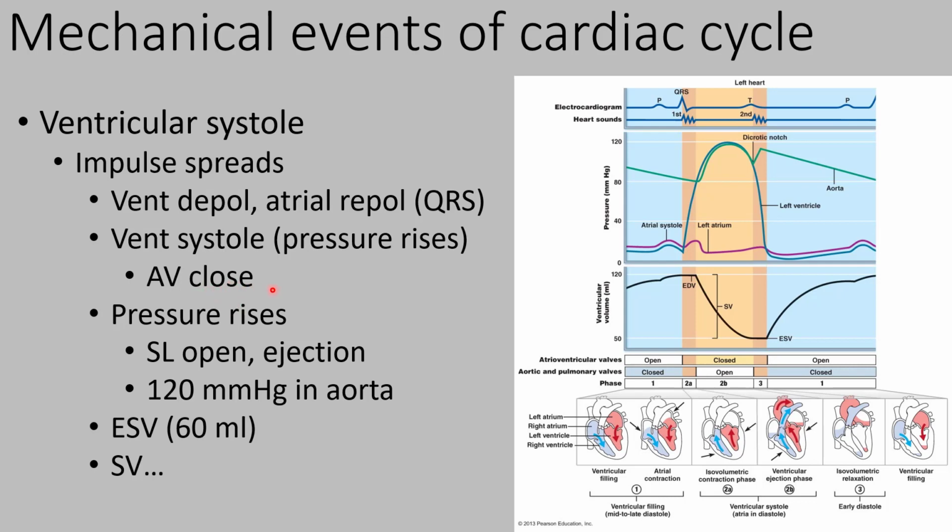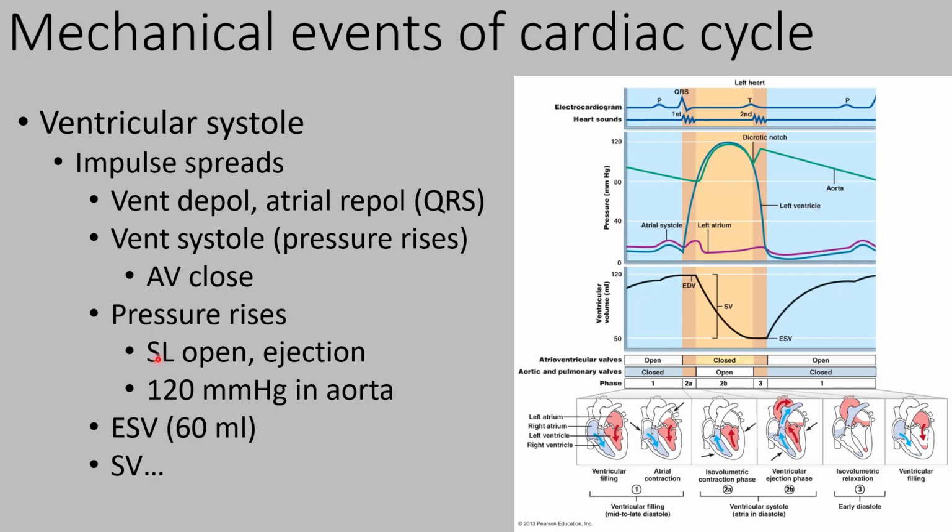Meanwhile, remember, we're thinking in slow motion. The ventricles are still squeezing, and the pressure is continuing to rise inside the ventricles. Now, the moment that the pressure in the right ventricle is greater than the pressure in the pulmonary trunk, the pulmonary semilunar valve opens.